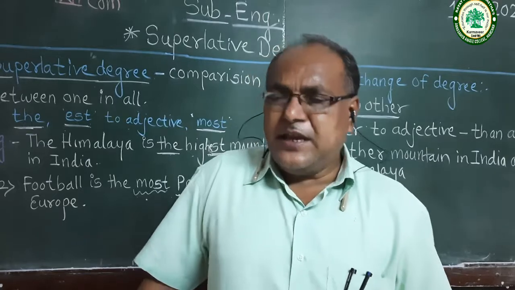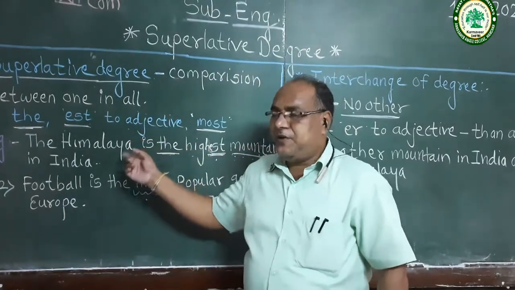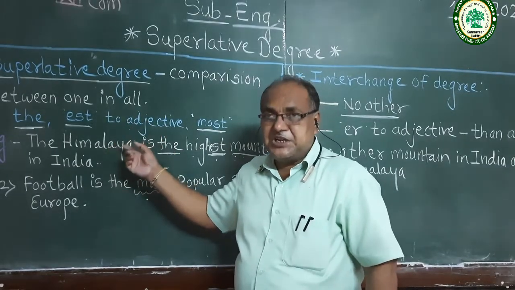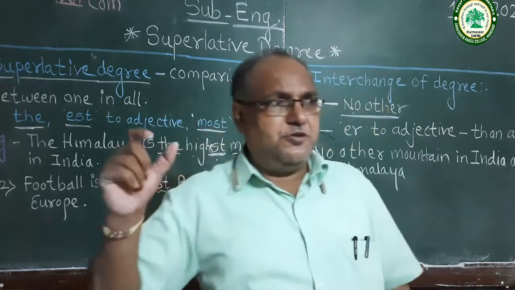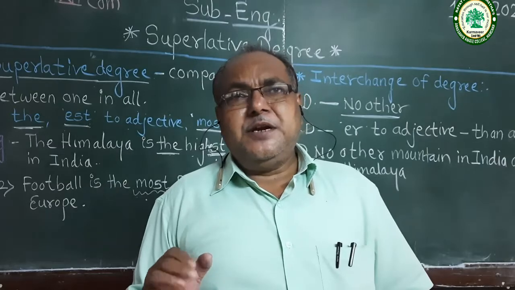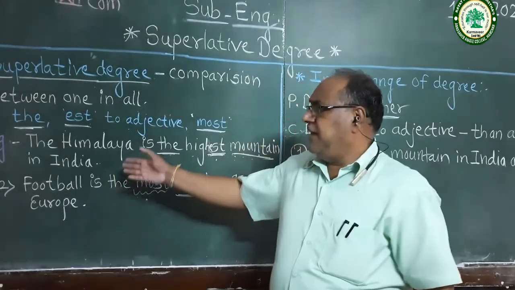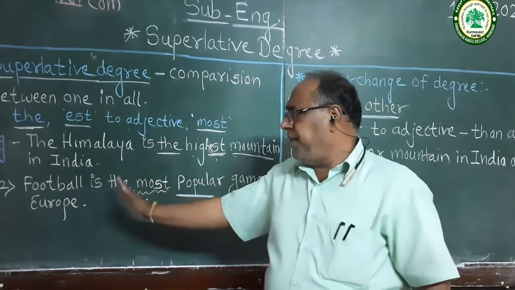Understand? Once again I repeat, in a superlative degree there is a comparison between one and all, the definite article the is present in the sentence, est is added to the adjective, and in some rare cases most is used before the adjective. Superlative degree sentences are given here. For example, on the blackboard, the Himalaya is the highest mountain in India.